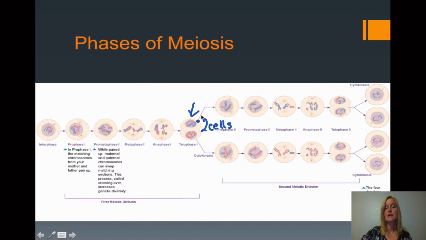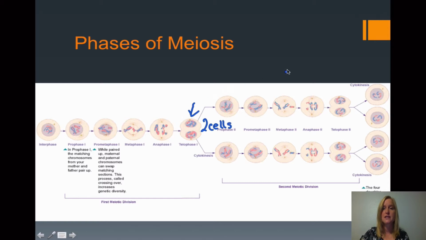And those 2 cells have a chromosome number of 46, but that's not really going to work for gametes, because remember, eventually these gametes might be used, the sperm might fertilize an egg, and if each of them had 46, then we'd end up with 92 chromosomes, and then it would keep growing from there.